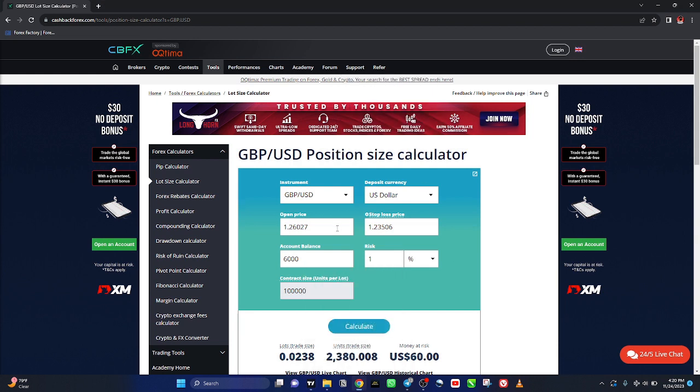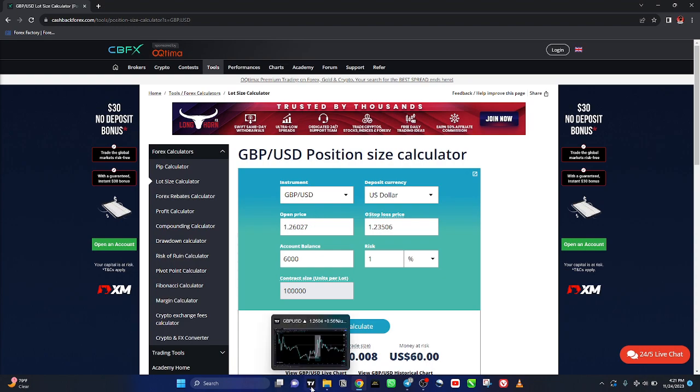I like this CBFX calculator because most calculators don't have the US 30 index. This has not only forex and gold, it calculates everything. It has the indices too.